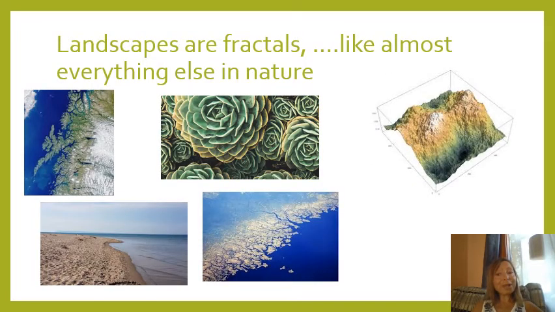So like almost everything else in nature, landscapes are mathematical fractals, and what it means is that the same spatial pattern would repeat itself at whatever is the scale. And we can find fractals everywhere in nature.